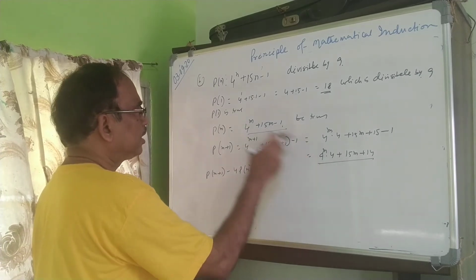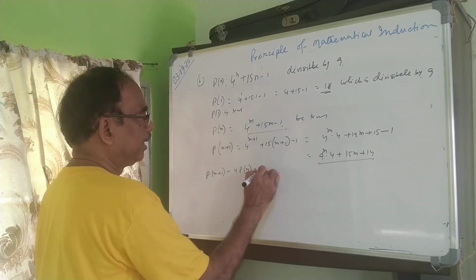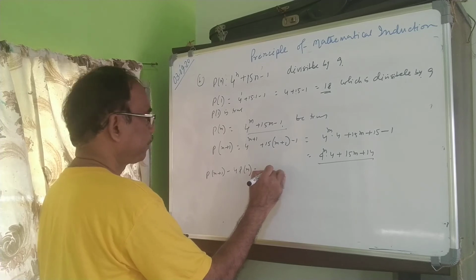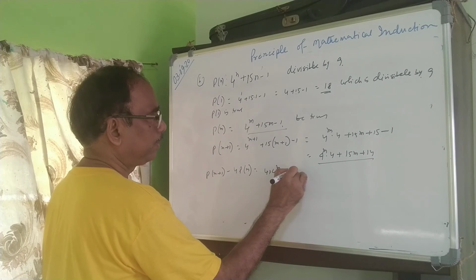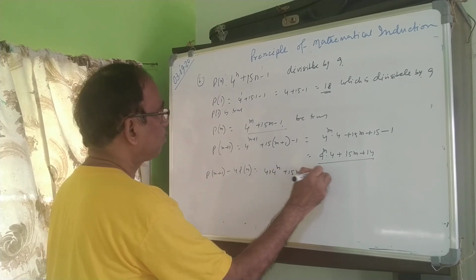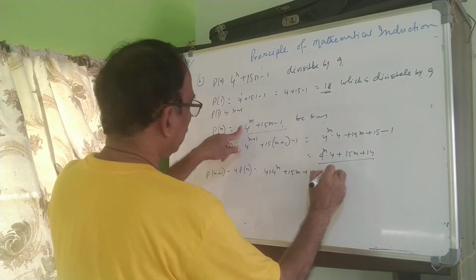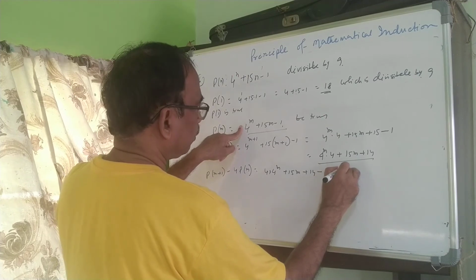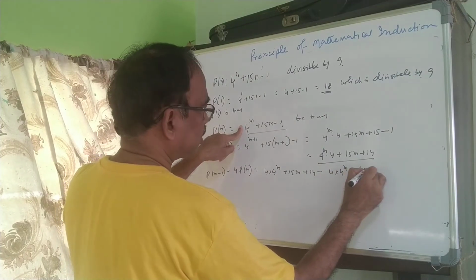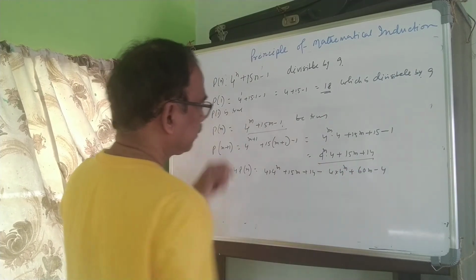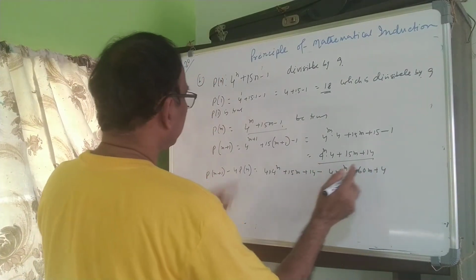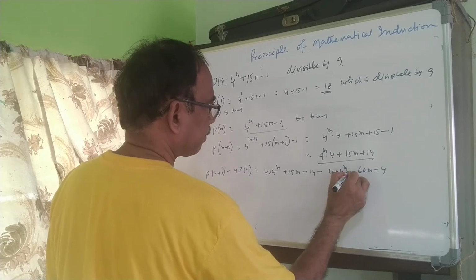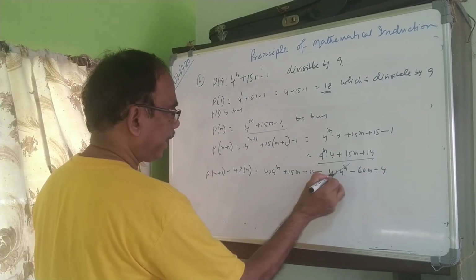We do subtraction, because this will cancel. That is 4 into 4 to the power m plus 15m plus 14 minus 4 into this, 4 into 4 to the power m plus 60m minus 4. This should be this minus this, so it's minus 60m. So this and this cancel.